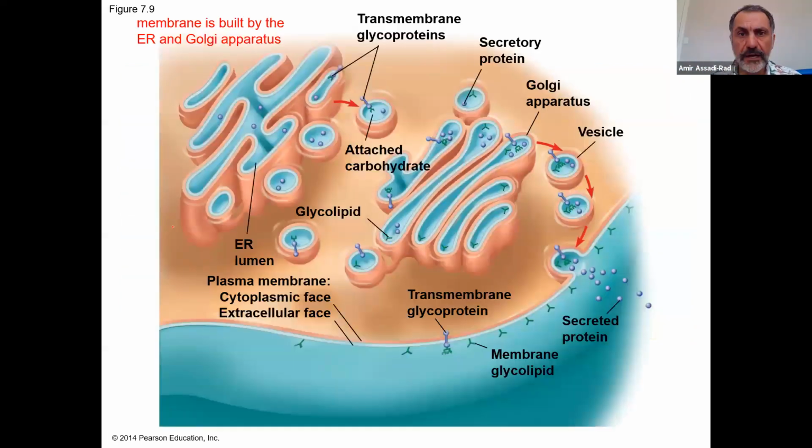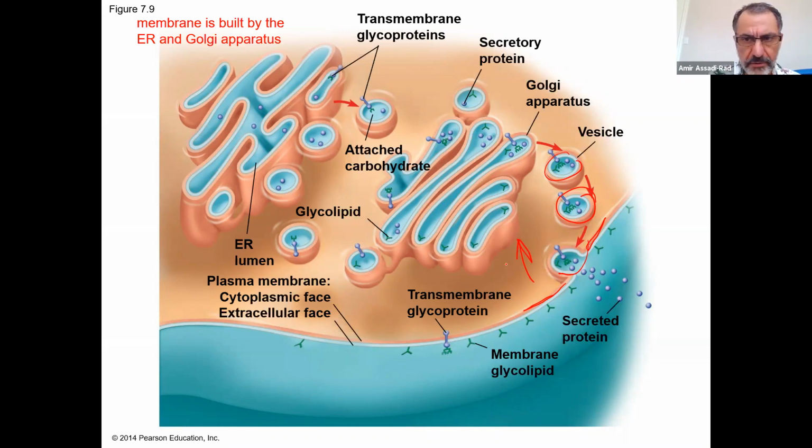Okay, I think we did talk about this. The membrane is built by the endoplasmic reticulum and Golgi apparatus. So when the membrane is built and they transport molecules outside of the cell, these vesicles attach here to the cell membrane, and they do not pinch off and go back.